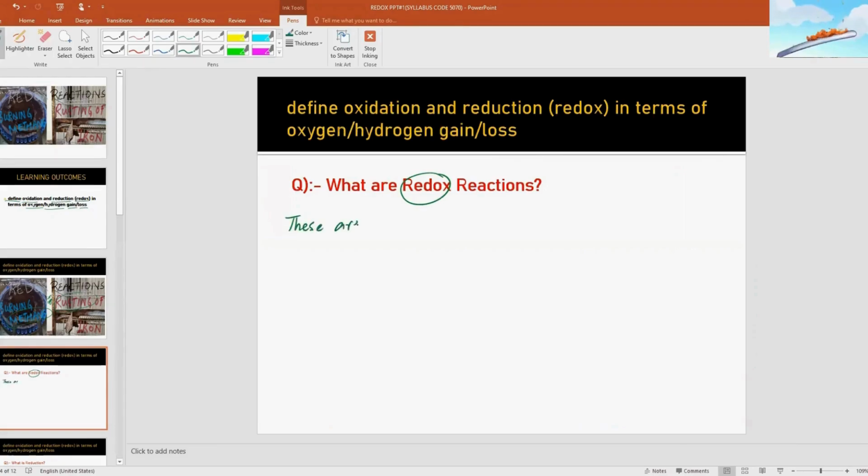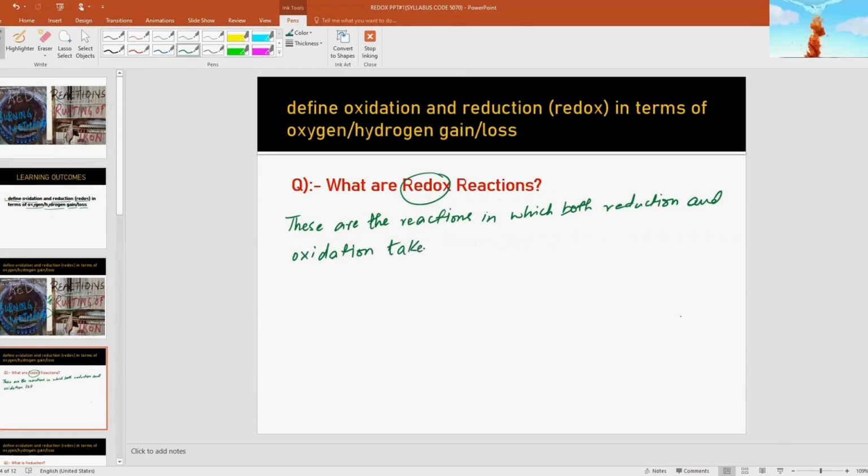These are the reactions in which both reduction and oxidation take place at the same time.